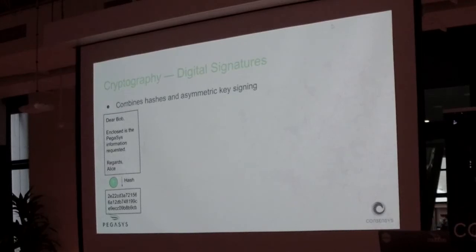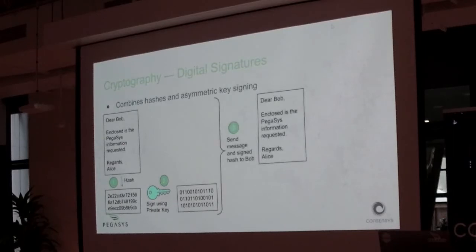Okay, so it's a relatively small message now. Using her private key, she signs the message or encrypts the message using her private key. She then sends both of those, both the original message plus the encrypted hash of that message, sends it to Bob. So now Bob has two pieces of information.